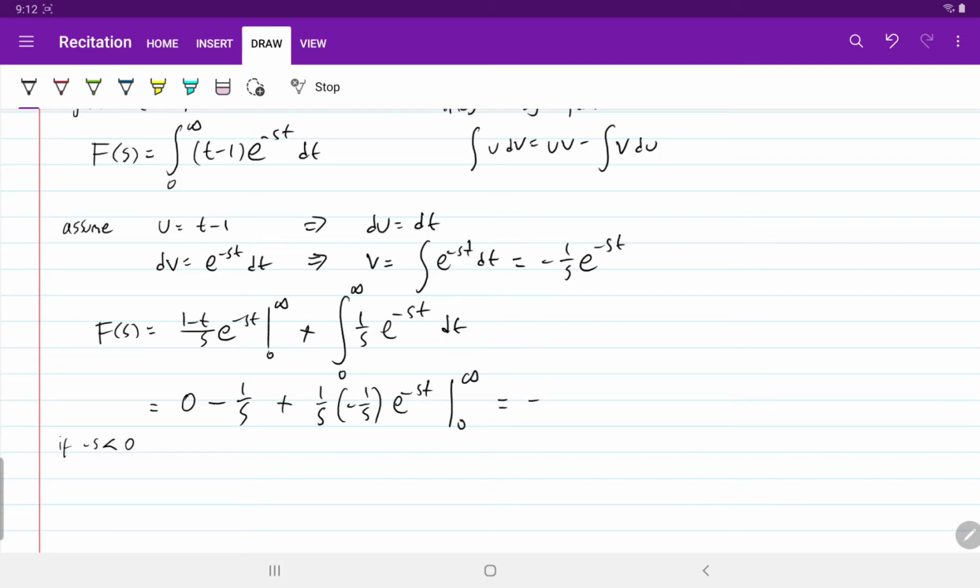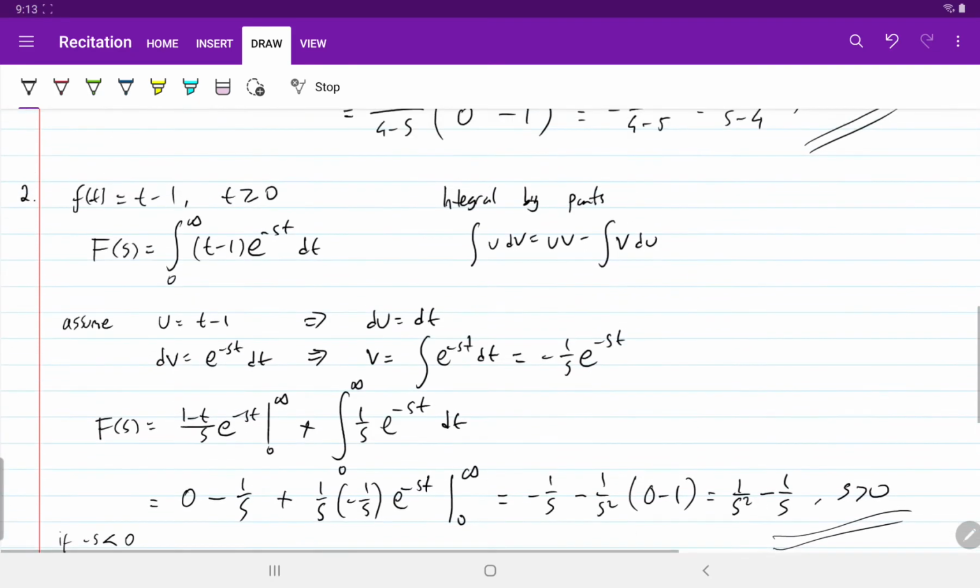We have minus 1 over s minus 1 over s squared. Again, this term here 0 minus 1, so minus minus you have plus, so is it, yes, so it's 1 over s squared minus 1 over s, with region of convergence s greater than 0. This is the final solution for number 2.